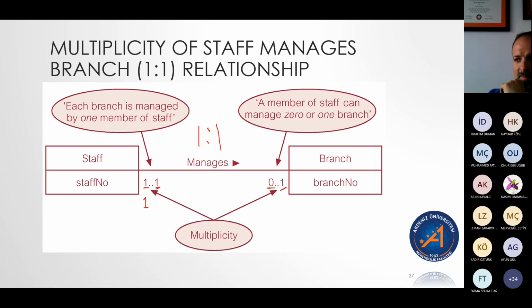Okay. If we mean that it's not required, that it must be 0..1, we have to write the 0..1. So these two notations, this and this, are the same.